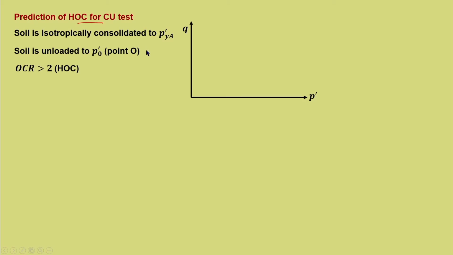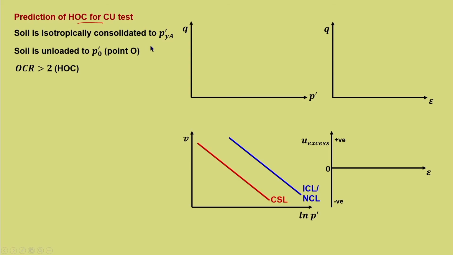Now, for the CU test for HOC, we have defined all the 4 combinations, that is, NC-CU, NC-CD, HOC-CU, HOC-CD. So, now we will discuss the CU test. Soil is isotropically consolidated to P dash A. Again the same condition, let us skip this, it is the same condition.